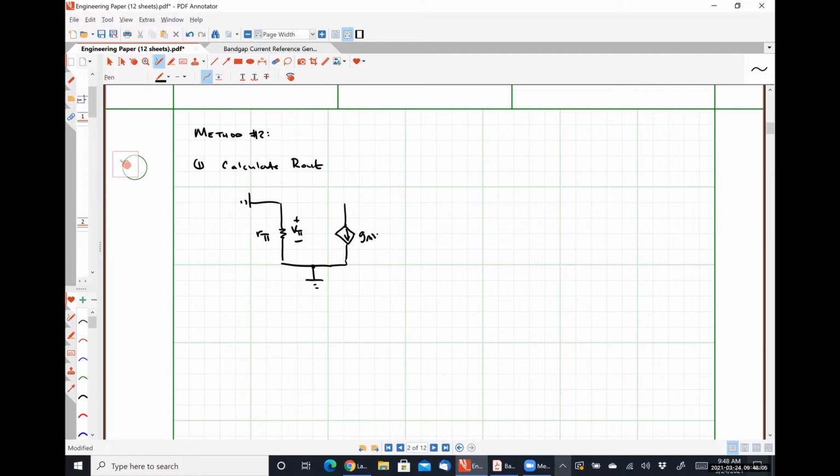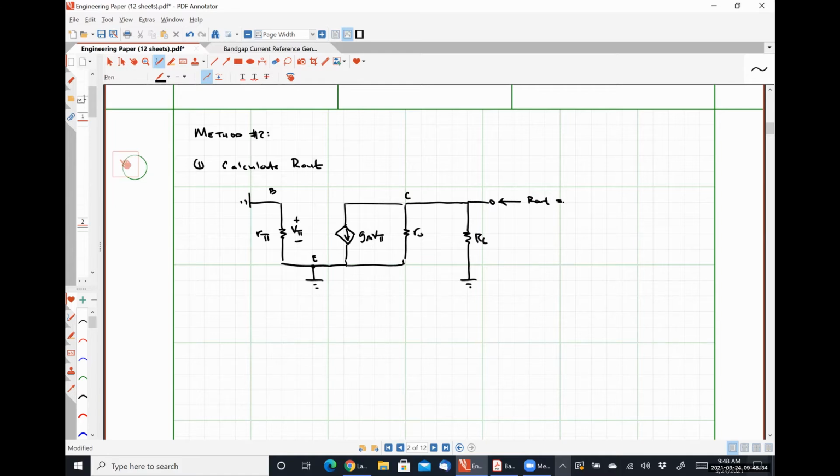Here we have GM V pi, our early effect resistance, base, emitter, collector. Between the collector and ground, or really VDD, we have this resistance RC, and we are looking into this terminal.